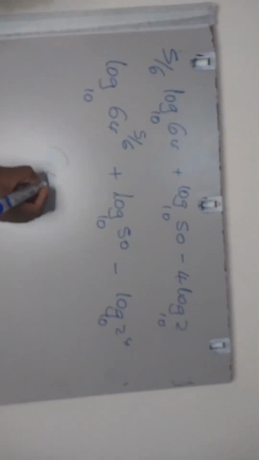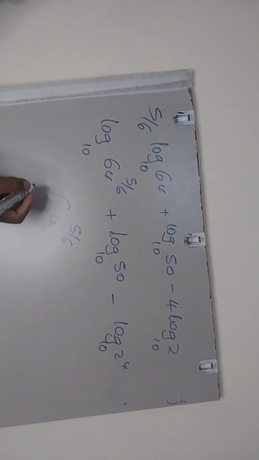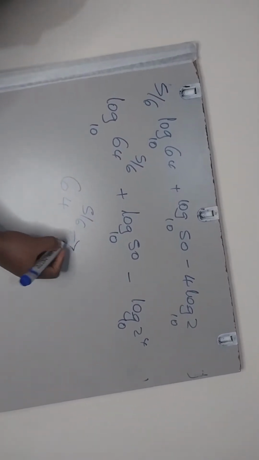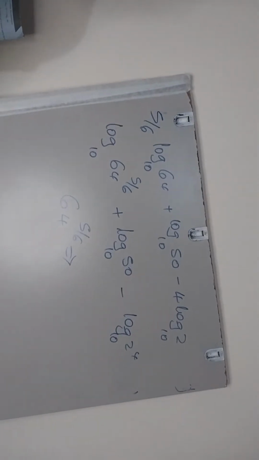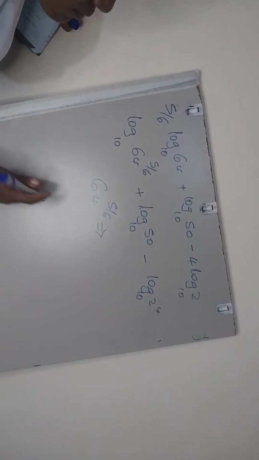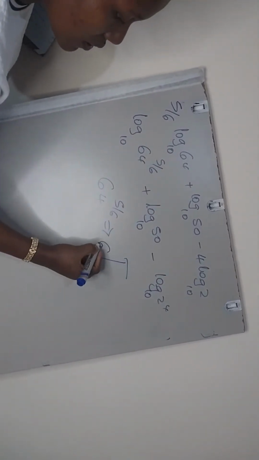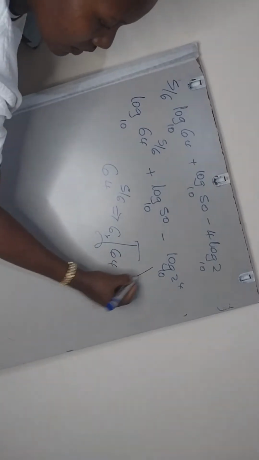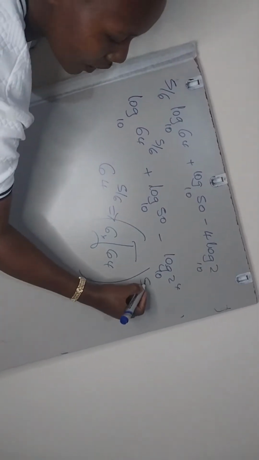What is 64 to power 5/6? 64 to power 5/6 simply becomes the 6th root of 64. Whatever you get there, you power it 5 times.